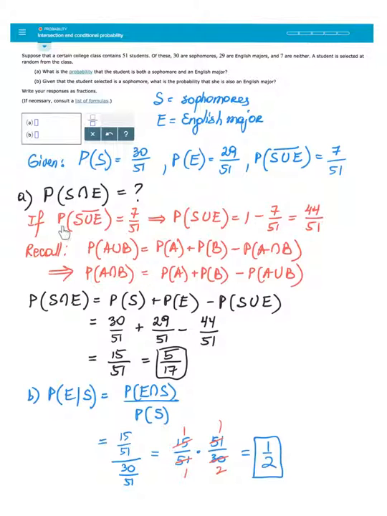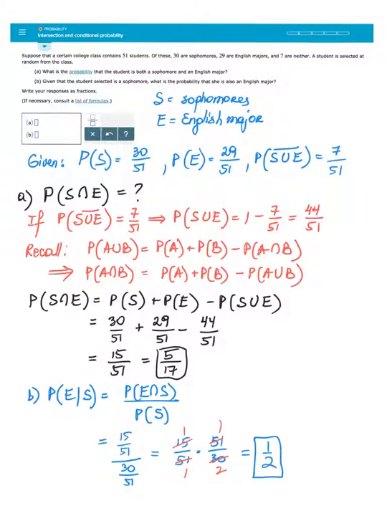So if P of (S or E) not, or not selecting a sophomore or English major, is 7 over 51, by subtracting this probability from 1, we will find its complement, or probability of S or E, which is 44 over 51. We need this information to be able to find the probability requested in this particular question.